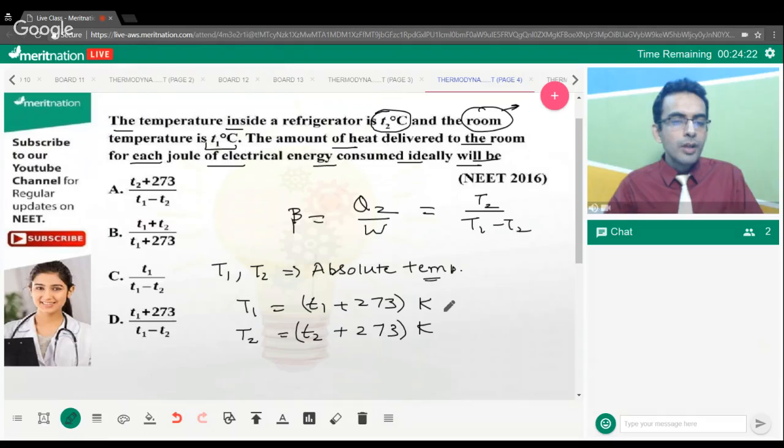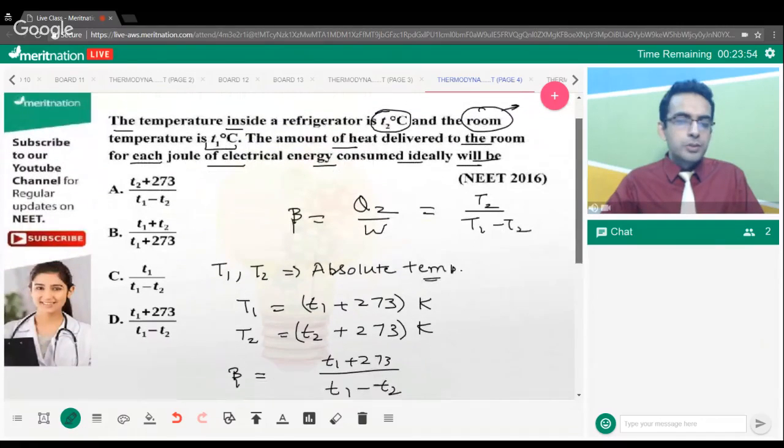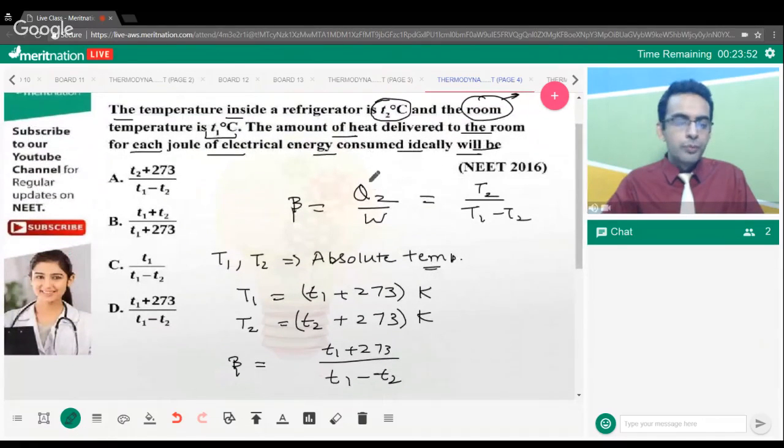Okay. Now, what is beta? Beta is simply T2 plus 273, divided by the difference of the two. When you take the difference of the two, you'll get t1 minus t2, because the other thing is constant and it will get cancelled out. So the next thing. Dear students, what is Q2? Q2 is the amount of heat absorbed.